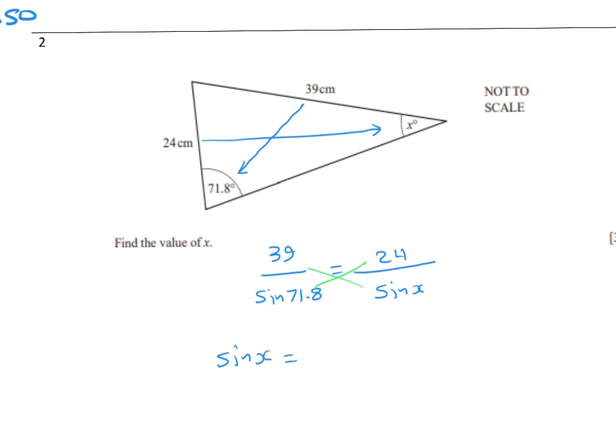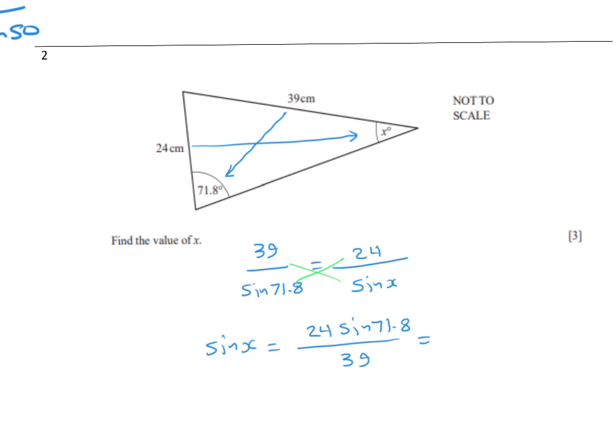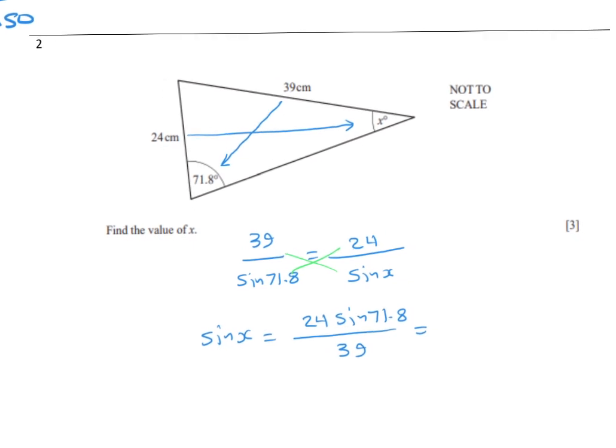So sine x equals 24 sine 71.8 over 39. What is the answer? 0.585. Now, how to find x, Asil?